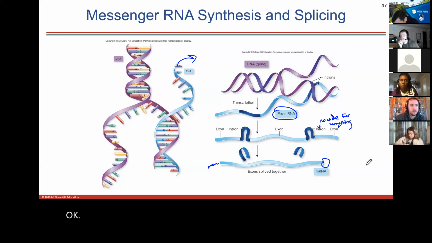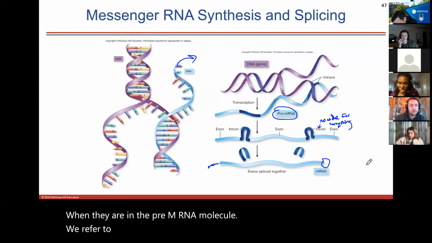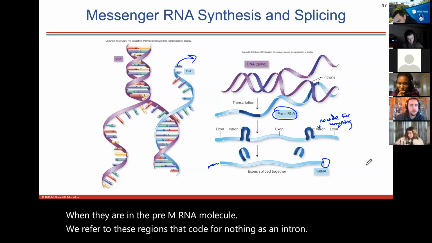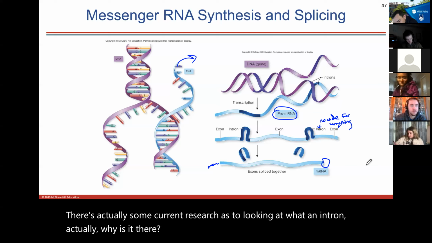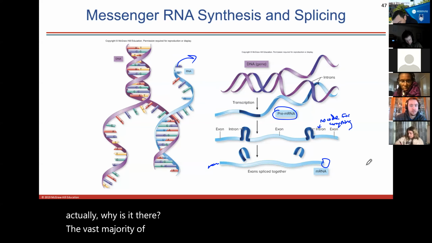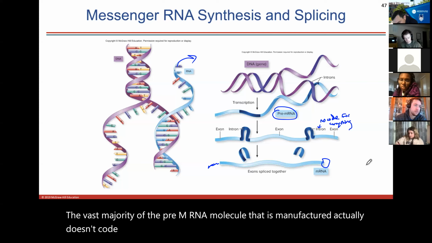When they're in the pre-mRNA molecule, we refer to these regions that code for nothing as an intron. There's actually some current research looking at why an intron is there. The vast majority of the pre-mRNA molecule that is manufactured actually doesn't code for a damn thing.